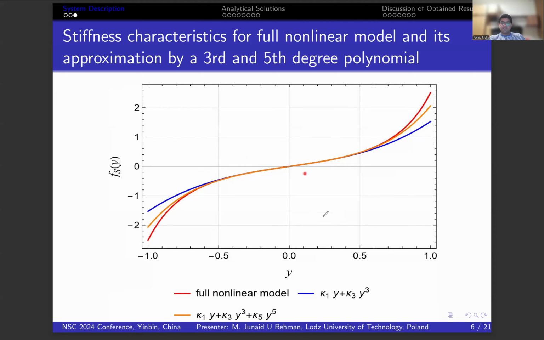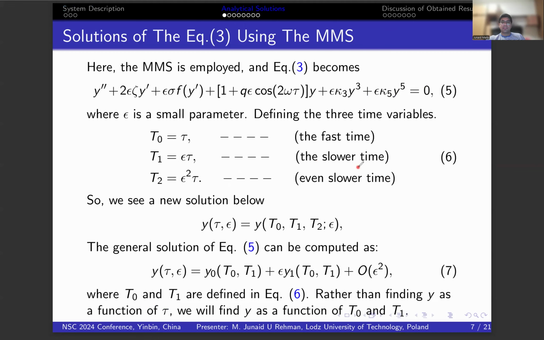If we see here, the fifth degree polynomial shows more accuracy as compared to the third degree polynomial. We have used the method of multiple scales and the harmonic balance method to analyze our nonlinear model in the non-dimensional final form, equation 3.